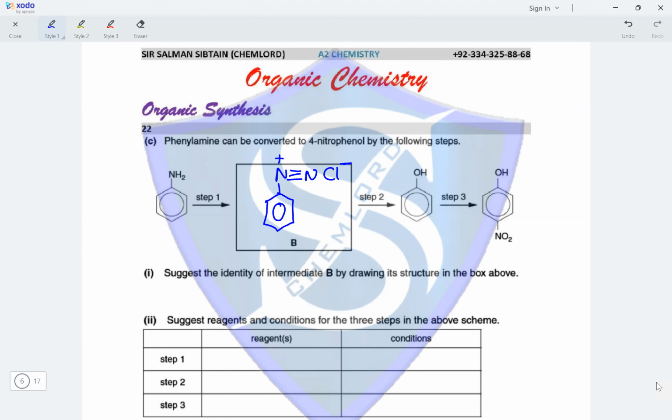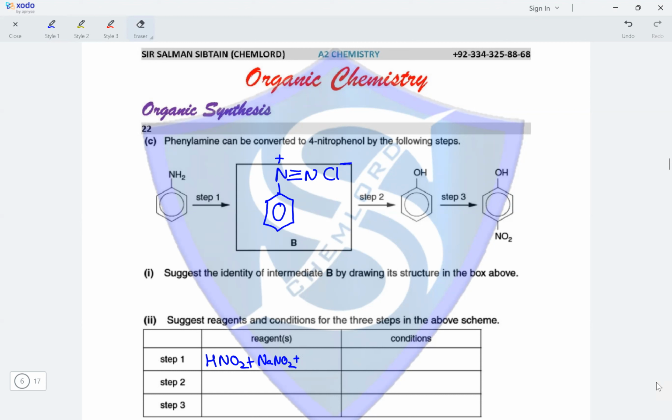So step 1 requires HNO2 plus NaNO2 plus HCl plus temperature less than 10 degrees Celsius. So we can actually include the temperature being less than 10 degrees Celsius as the condition.